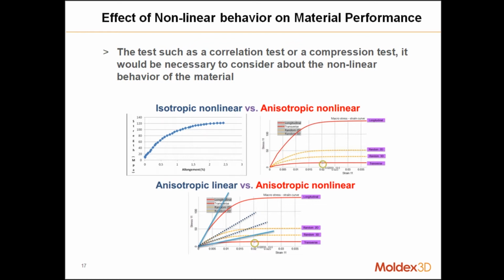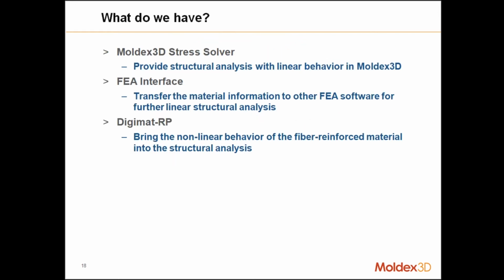This is also quite crucial for the customer when they want to make a more accurate structural simulation, because the material model really matters for how the result turns out.